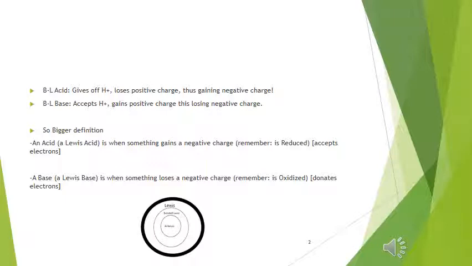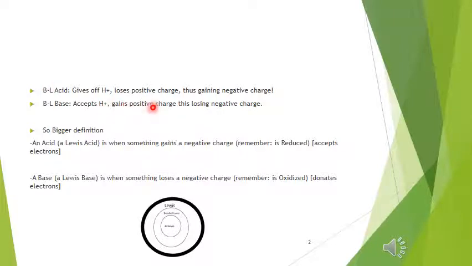Bronsted-Lowry acids give off H+. That means they lose positive charge. Well, when they do that, they gain negative charge. If you gain negative charge, possibly you could be gaining electrons and becoming reduced. And Bronsted-Lowry bases accept H+.